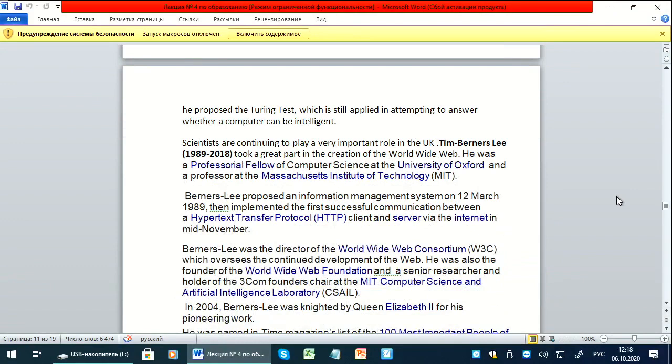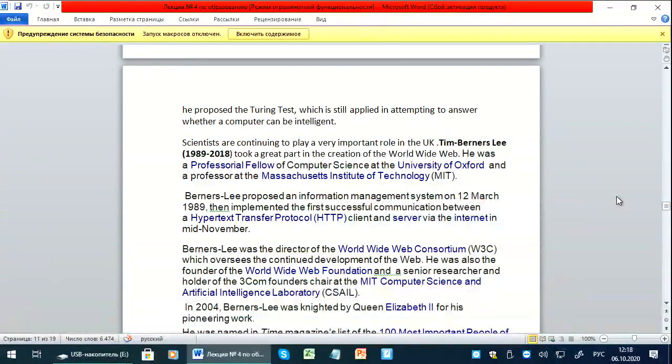Berners-Lee was the director of the World Wide Web Consortium, which oversees the continued development of the web. He was also the founder of the World Wide Web Foundation and a senior researcher and holder of the 3Com Founders chair at the MIT Computer Science and Artificial Intelligence Laboratory.